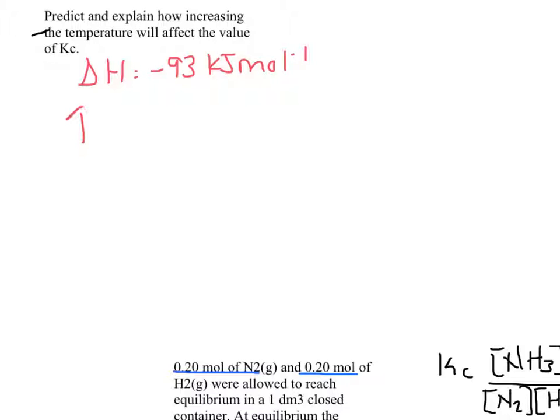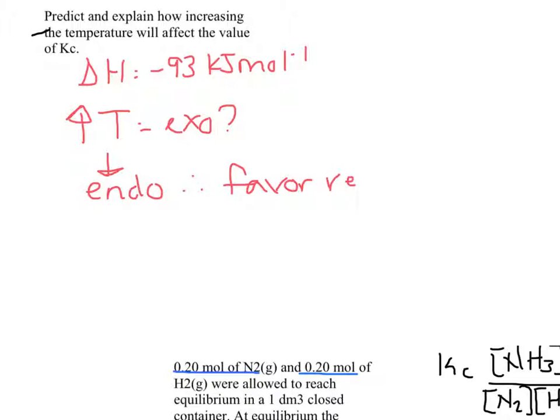If we increase the temperature in an exothermic process, increasing temperature favors endothermic. Therefore, this is an exothermic process, we are going to favor the reverse direction or your reactants. And how will this affect the value of Kc? Well, when we favor the reactants, we decrease the number for Kc because reactants are on the bottom.